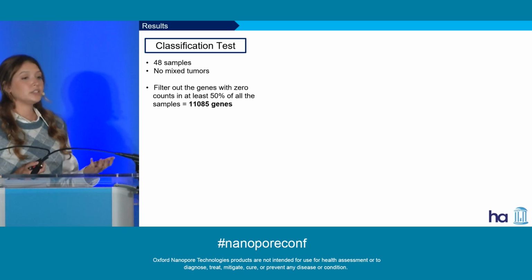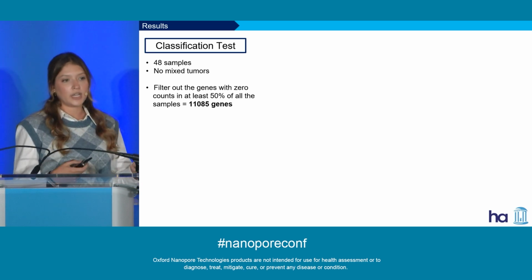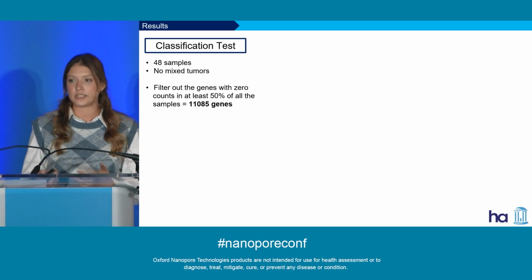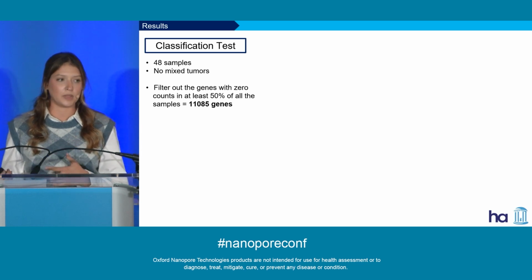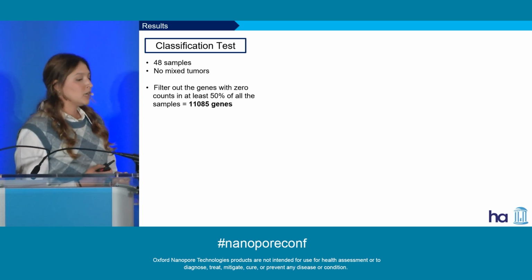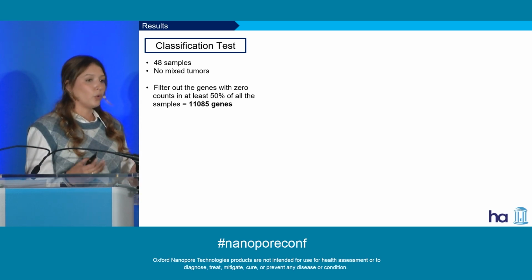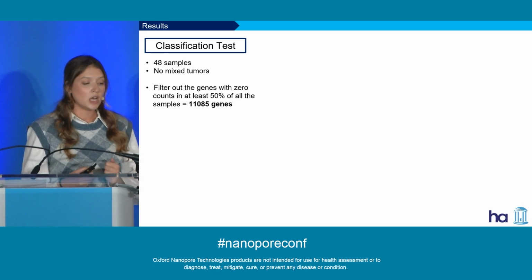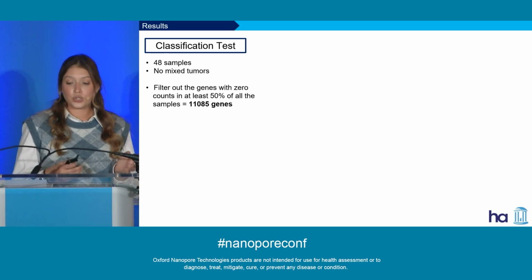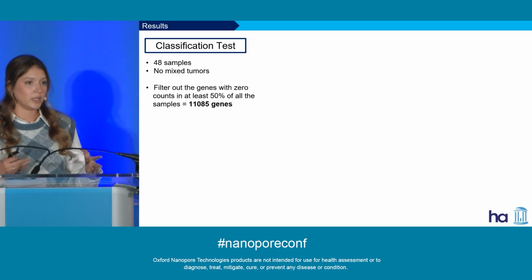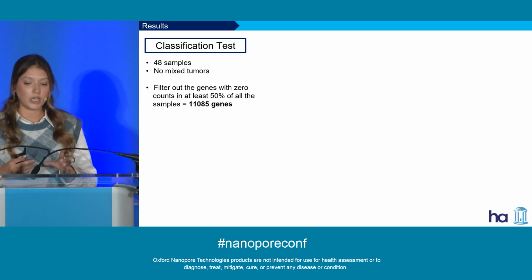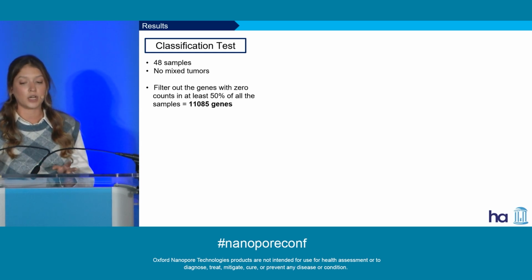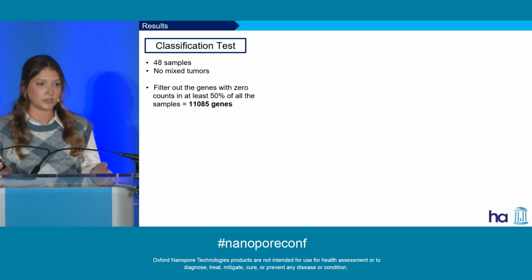So then we started using our data to train and test our previous machine learning pipeline. So we started with 48 samples because we excluded all the mixed cases. And to handle the low coverage and the sparsity of the data, we excluded the genes with 0 counts across all samples.